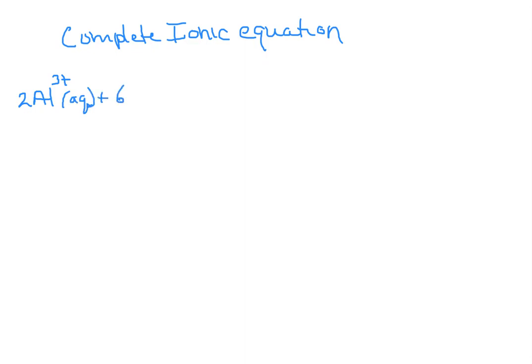Plus we have 6 nitrates, which has a -1 charge. A lot of times we don't put the actual 1 if it is a 1. We can just put negative. That means -1. That's also aqueous, so we divided that up. Plus we have 6 ammoniums, and that had a +1 charge. That also was aqueous.